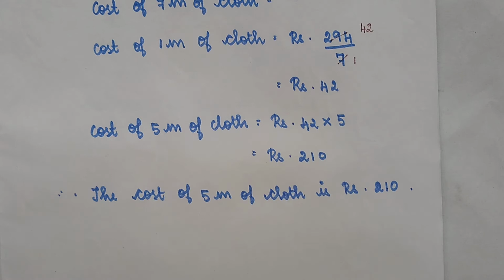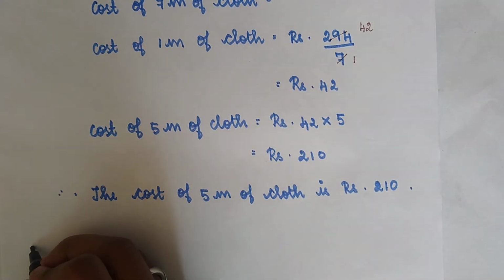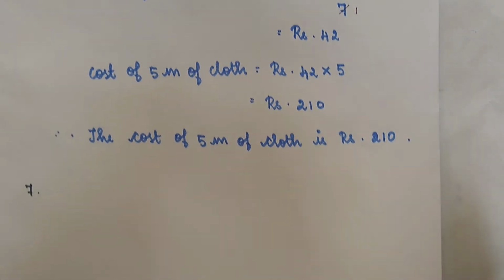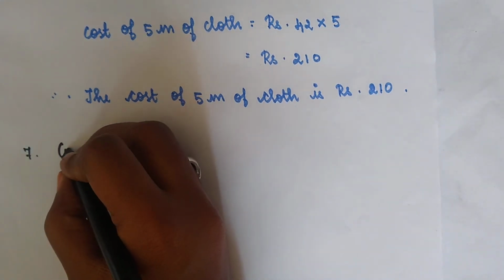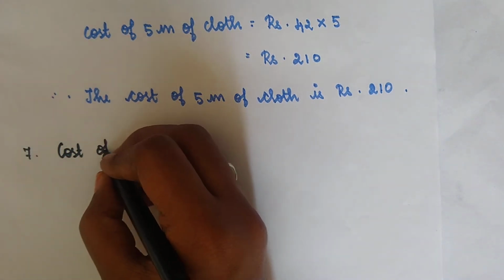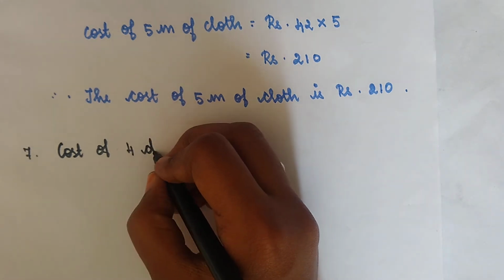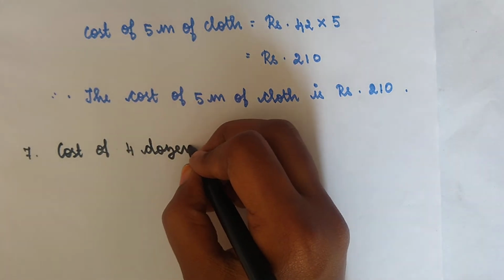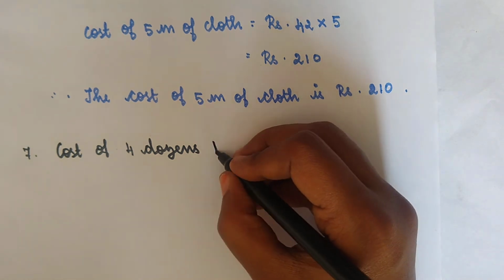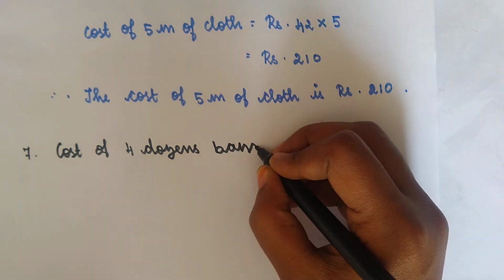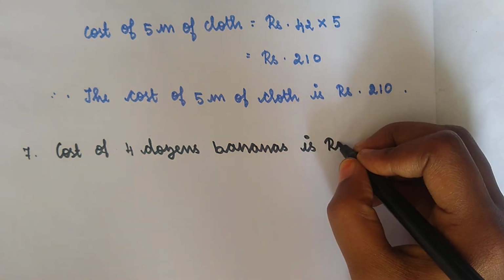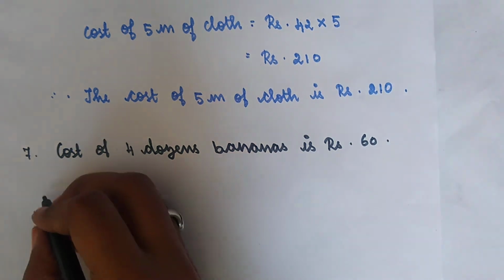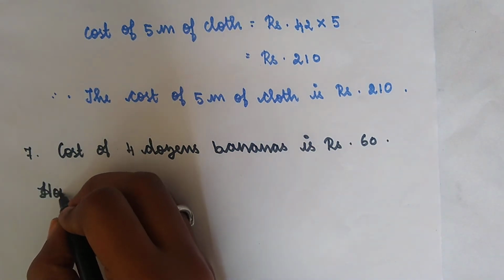Let me take the 7th question. Question number 7. Cost of 4 dozen bananas is rupees 60.